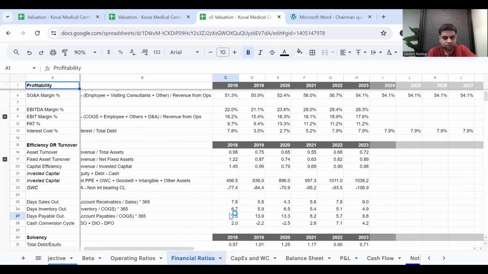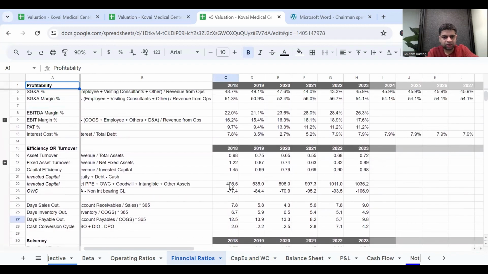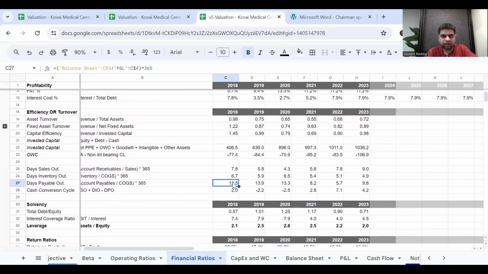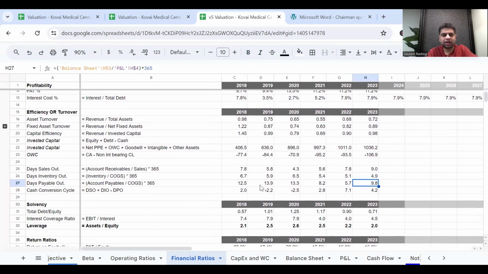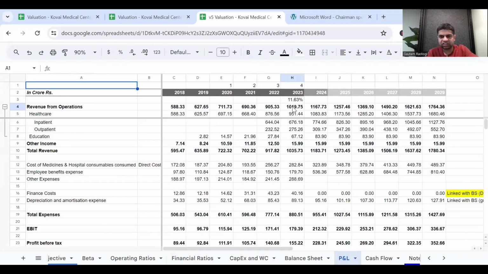Sorry for this detour. Let me check whether I used COGS or sales to calculate my days of payable outstanding. It's H4 balance sheet payables divided by sales from operations. Yes, it's sales from operations. So I used sales instead of cost of goods sold, which is all right. Let's just be consistent.